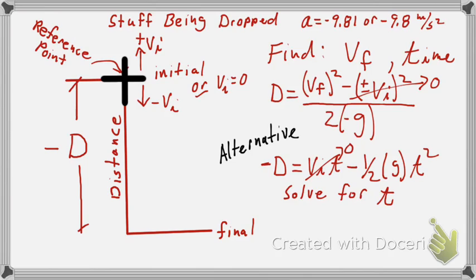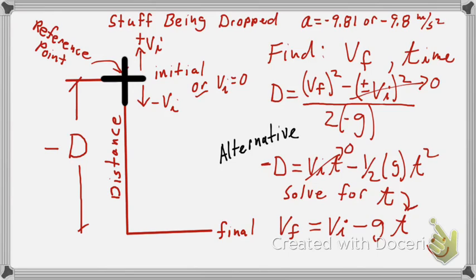Notice that the displacement is negative, because relative to the starting position, it is negative. And I solve for time. If V initial is not 0, I still go to this equation, except I have a quadratic to solve. Now that I have time, I can use that in this kinematics equation, substitute, and solve for V final.